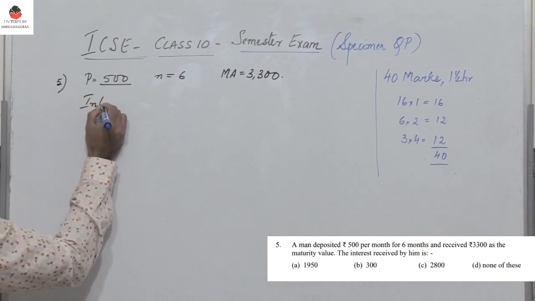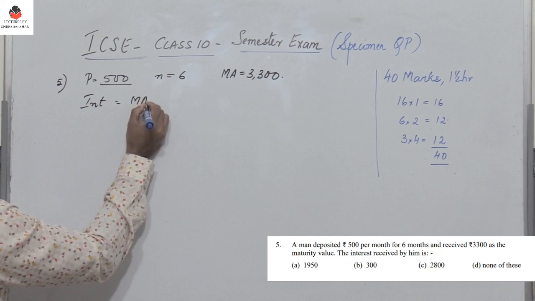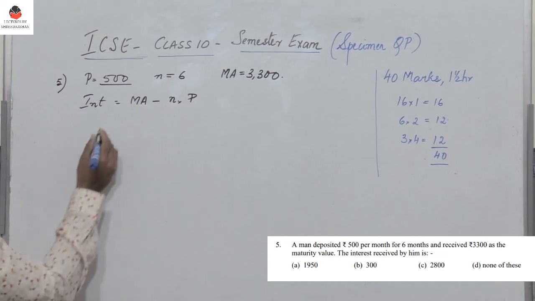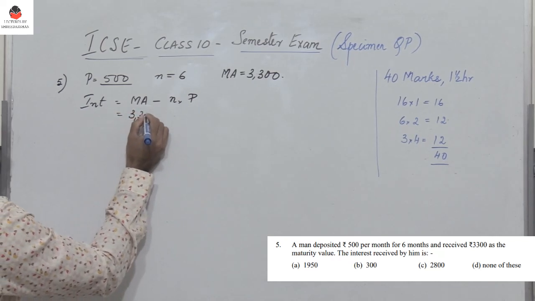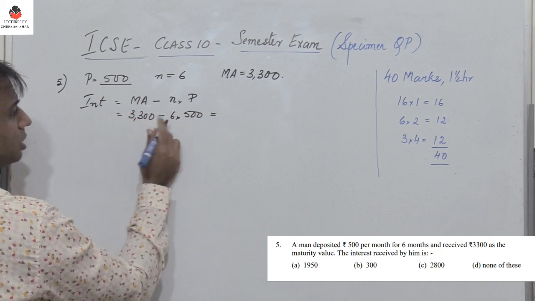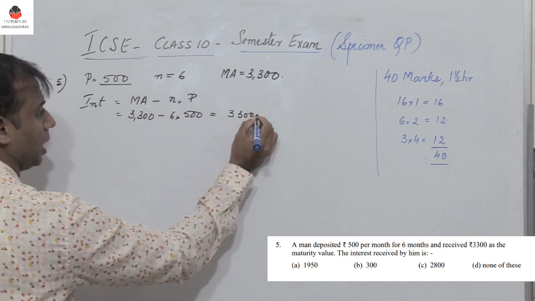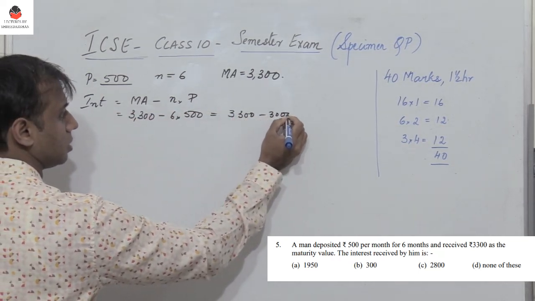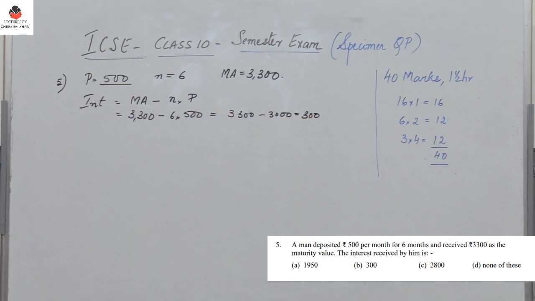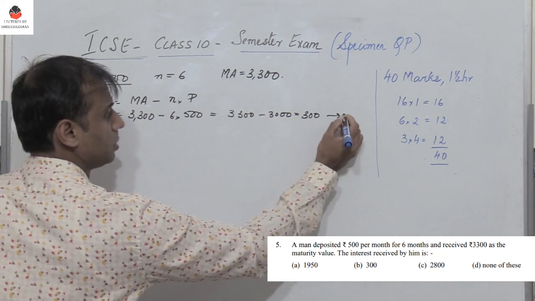The interest is nothing but the maturity amount minus N into P. So it is 3,300 minus 6 into 500, which is 3,300 minus 3,000 equals rupees 300. So observe the right option, it is option B.